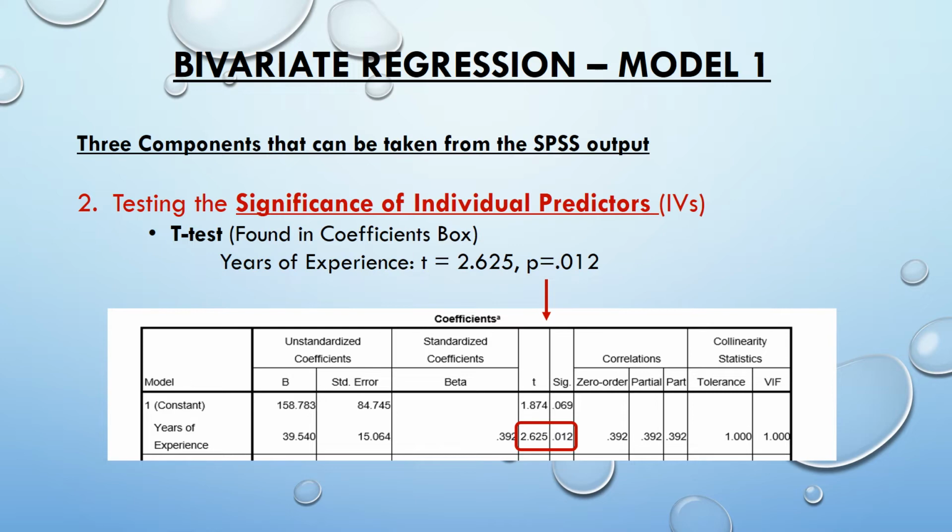And we're looking at its individual t-tests for each of the predictors. So for us, when we look at Model 1, you'll notice Model 1 only has one independent variable, years of experience. So when we look over to the t column, we see only a t for years of experience as well as its associated p-value.